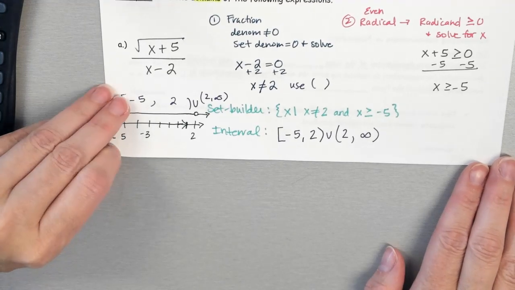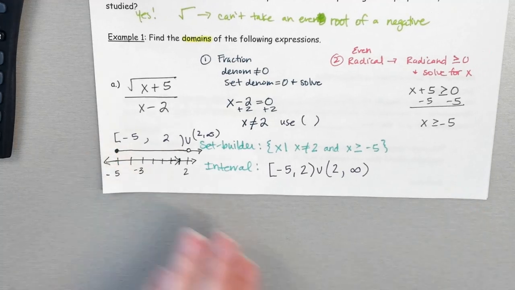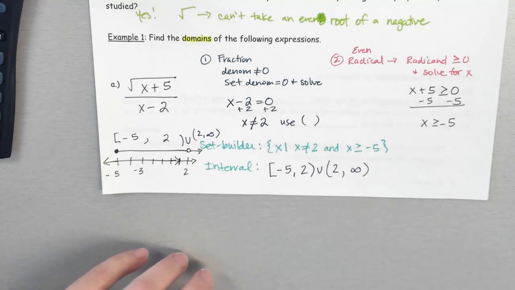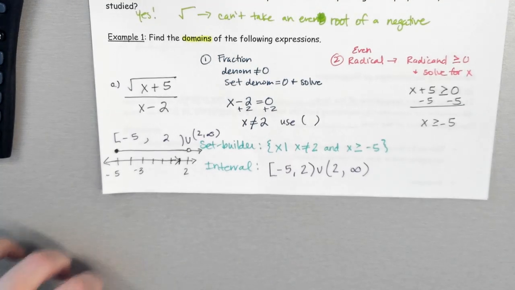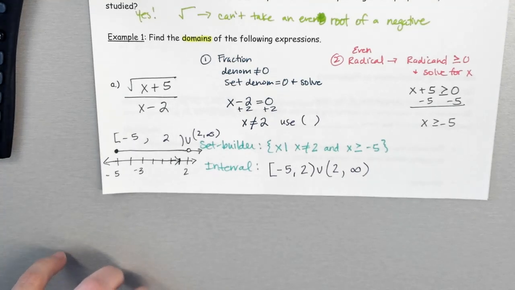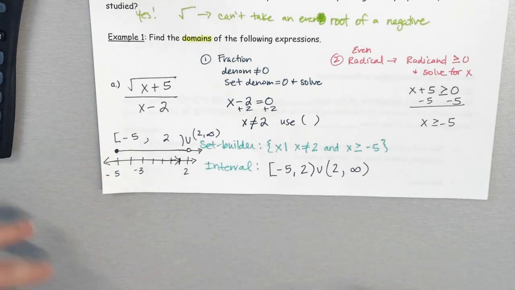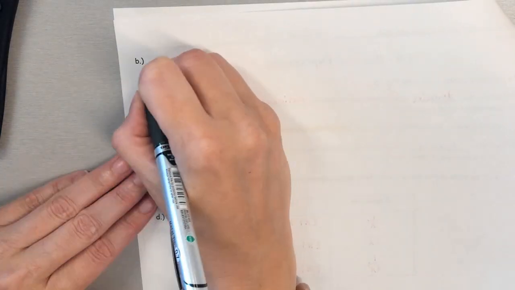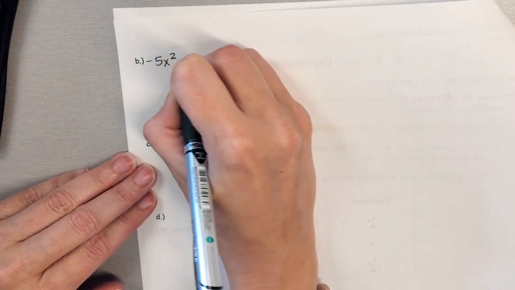All right, questions for me in part A? Okay, and then for all of these, what you're going to be asking is, do you have a fraction or do you have a radical? For B, you have -5x squared minus 6x minus 6.